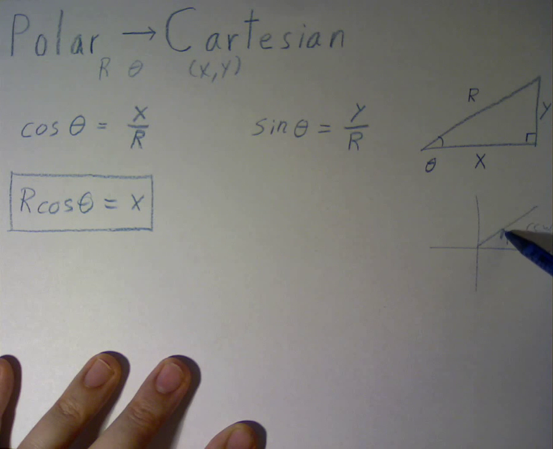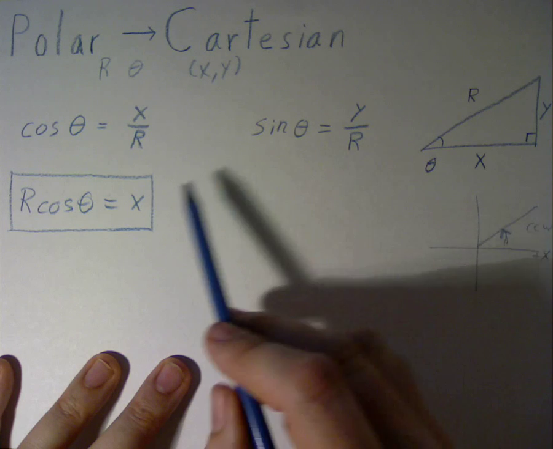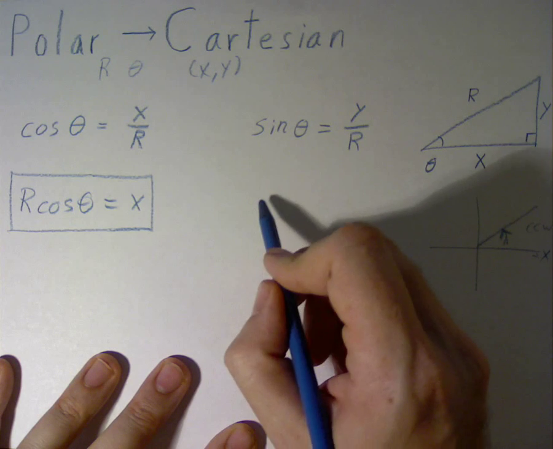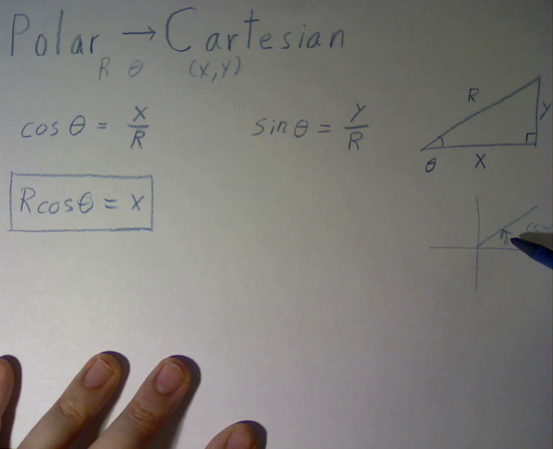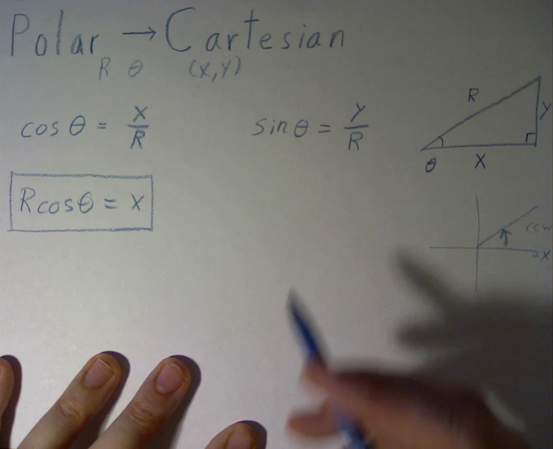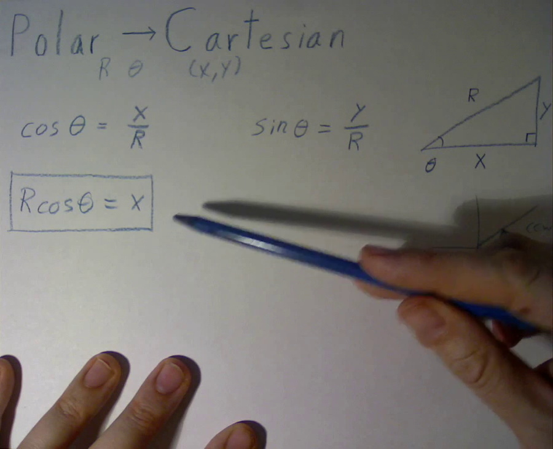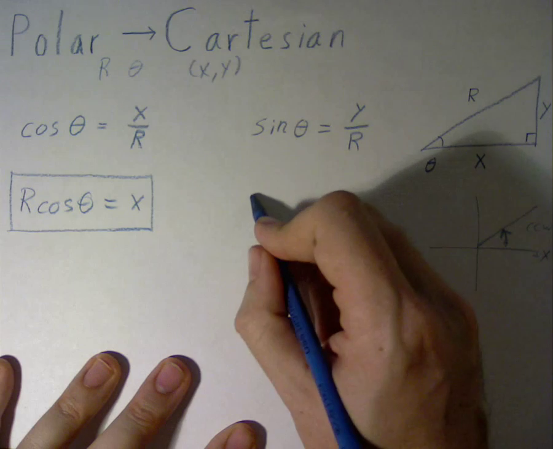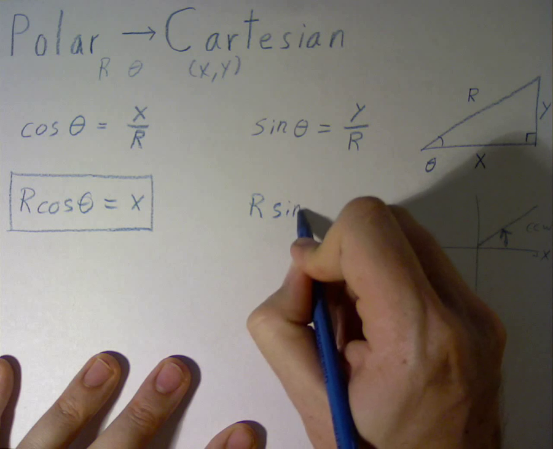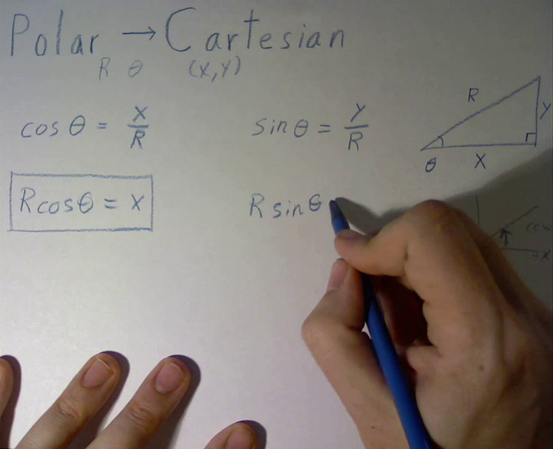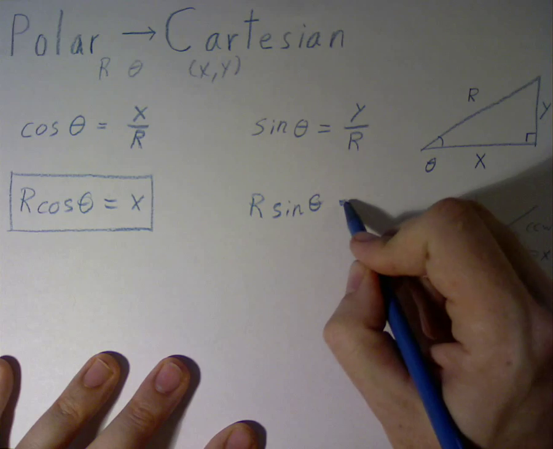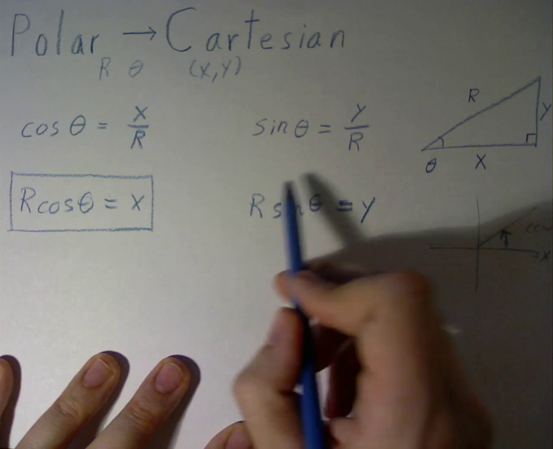This enables us to always use the same ratios to find x and y, so that we keep ourselves from getting confused when we're using polar coordinates. So, like we did with x, for sine we can write r sine of theta equals y.